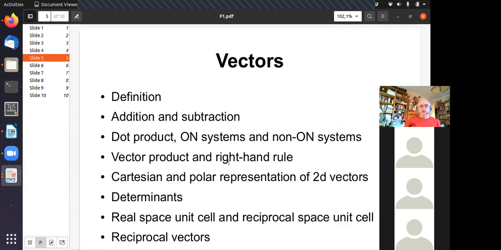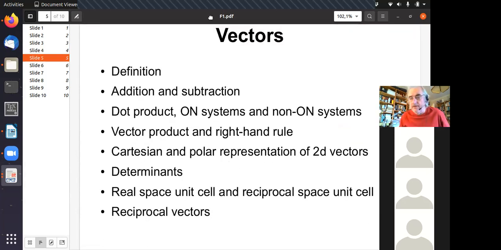So, to some math. What is a vector? I suppose most of you are PhD students or master students at some department here.